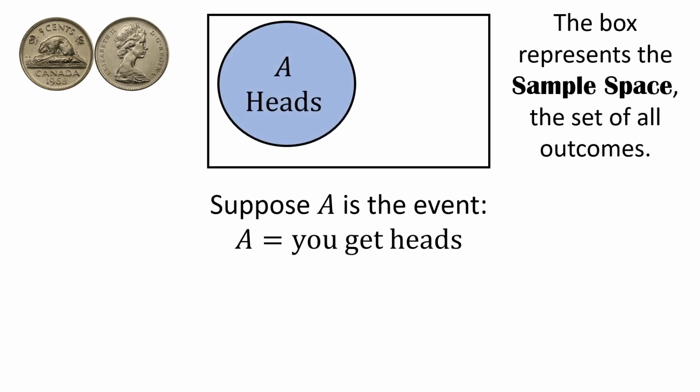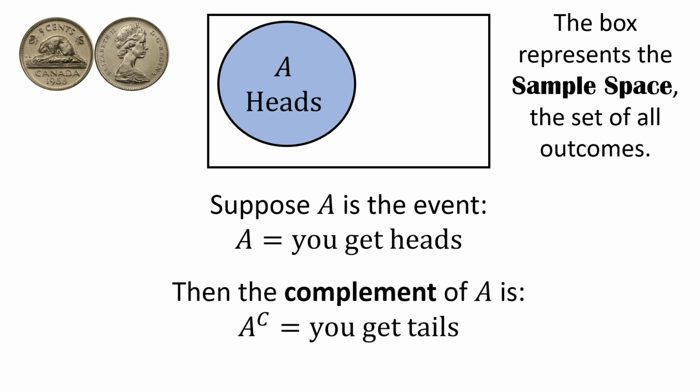We can represent that by drawing a circle in the sample space. What else is in the sample space? Well, the complement of A is that you get tails, right? If the event is you get heads, then anything else that happens is the complement, and the only other thing that can happen is you get tails.